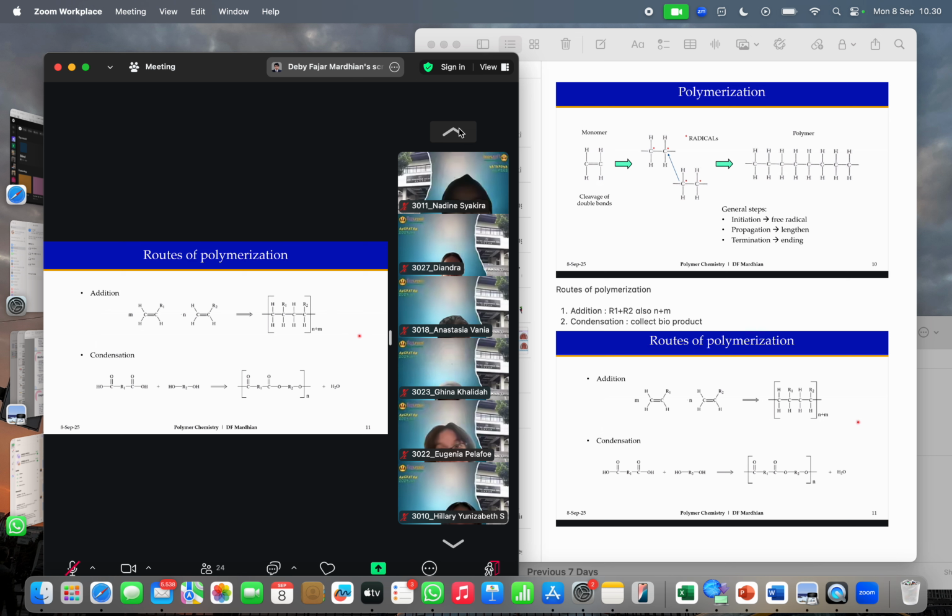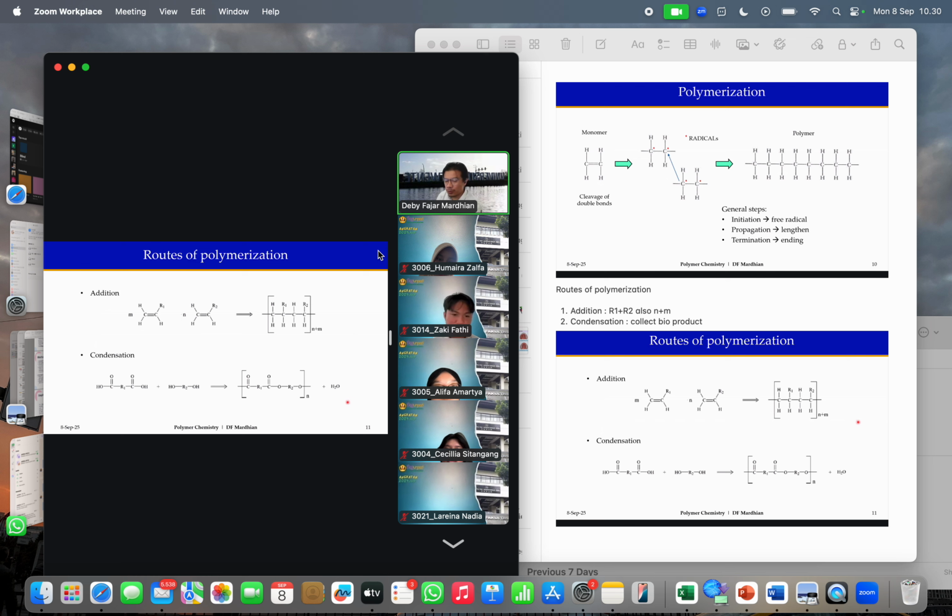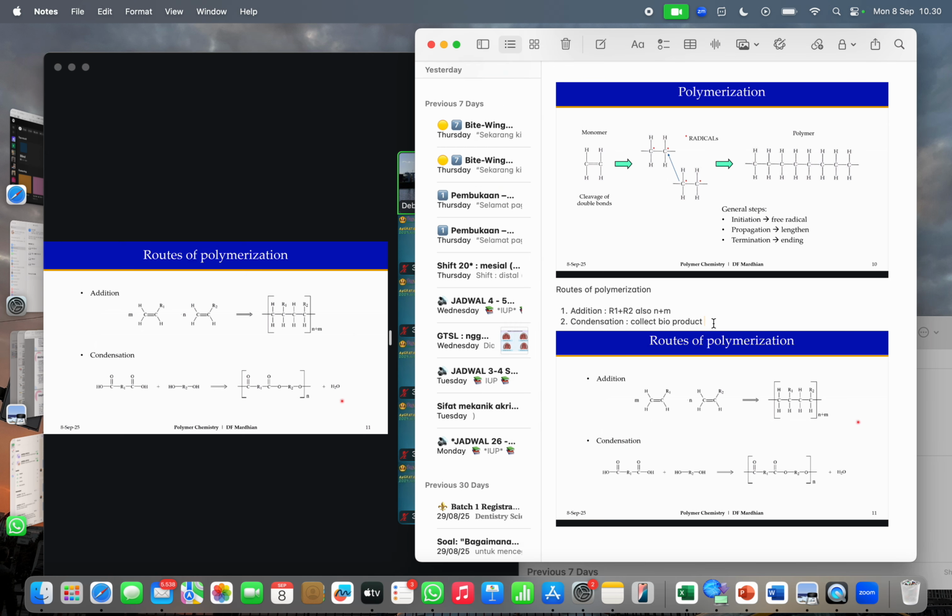Here we have a byproduct of water, which would create voids, because water does not contribute to the strength of the material.